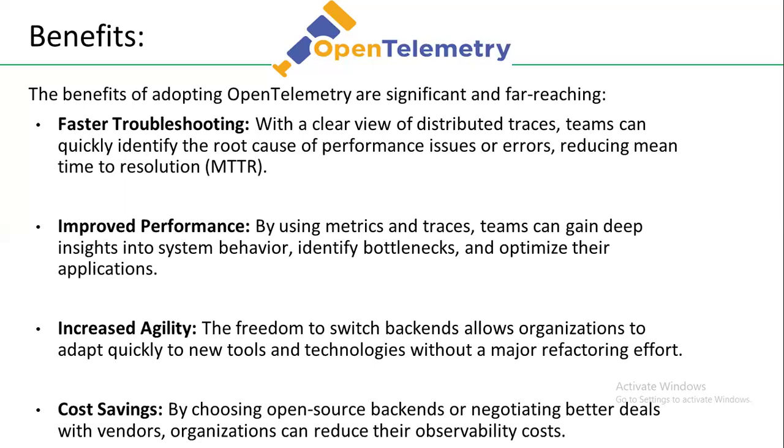Then improved performance. By using metrics and traces, teams can gain deep insight into system behavior, identify bottlenecks, and optimize their applications. Then increased agility. The freedom to switch backends allows organizations to adapt quickly to new tools and technologies without major refactoring efforts.